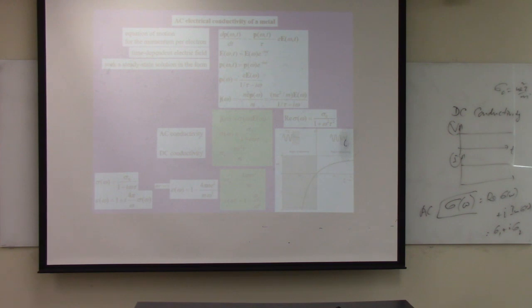Now just plug in here, you get e n over epsilon 0 E. x I can write as e E divided by m omega squared. Okay, that's it. So if you do this one, what do you get? You get epsilon r minus 1 equals N e squared divided by epsilon 0 m times this 1 over omega squared.